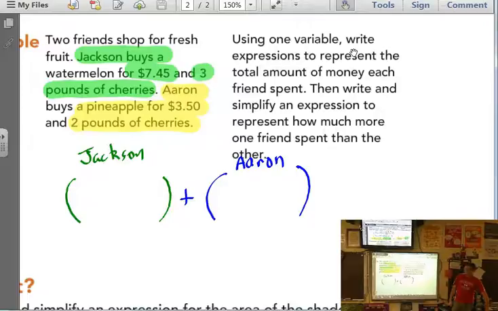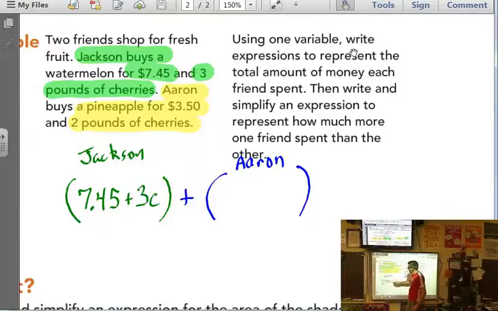So, Mr. Williams, if I were to ask you the expression for Jackson, what expression did you write for what Jackson purchased? I have the answer, I just haven't written it down. I believe it's 7.45 plus 3C, where C is cherries.